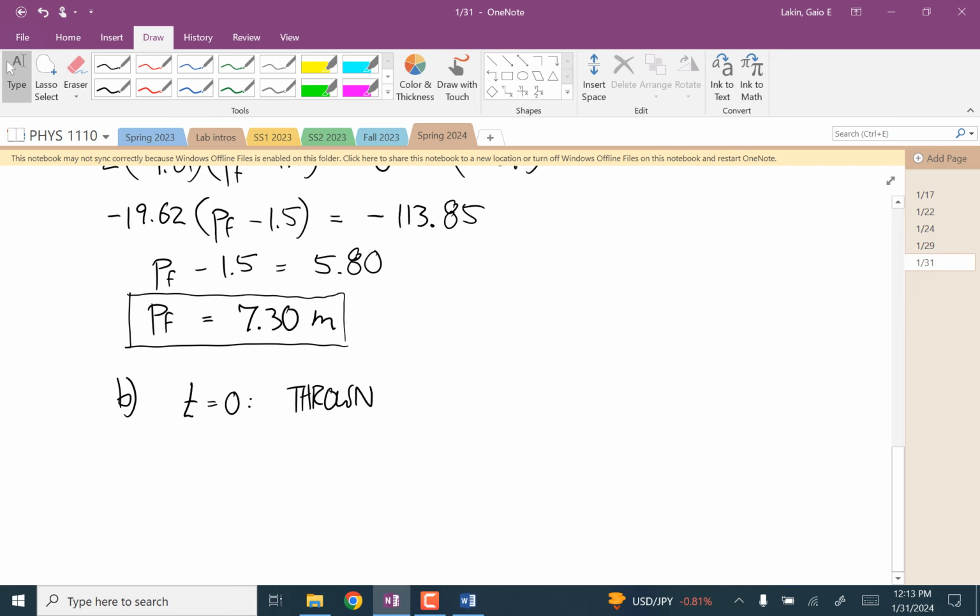Well, in order to calculate something when it reaches that ground level, we need to choose our time final to be the instant it hits the ground, or reaches ground level.